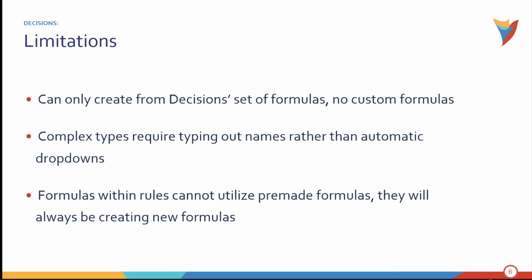Also, at the moment, we can only create formulas from Decisions' set of formulas. That list that you saw in that functions tab is our current list. There's no custom formula building kind of concept here. It's just using all the formulas to build up your own formula there.